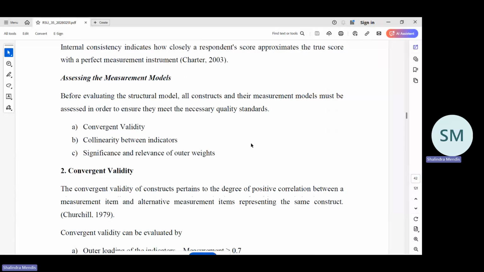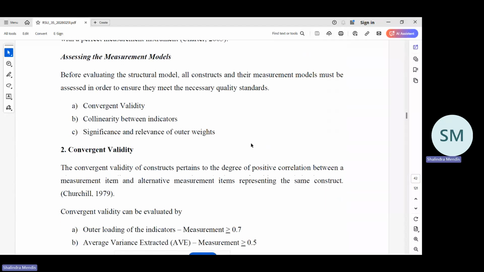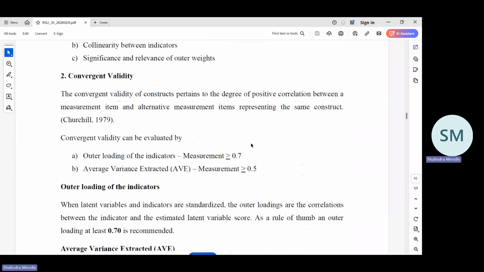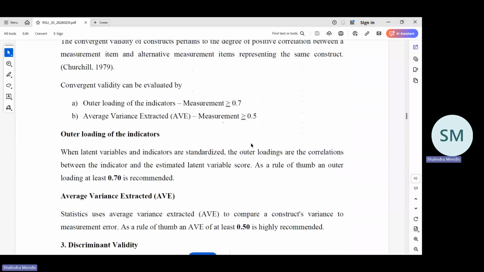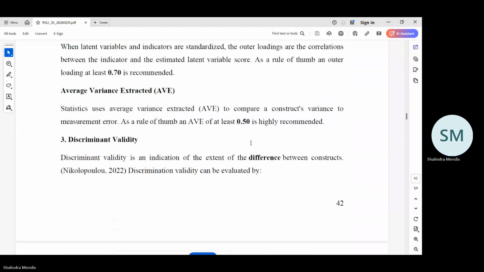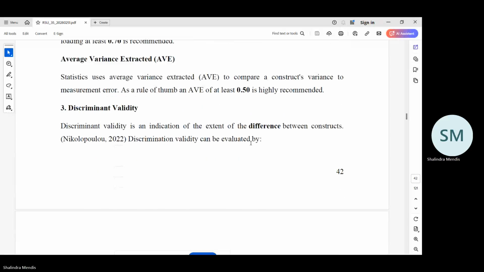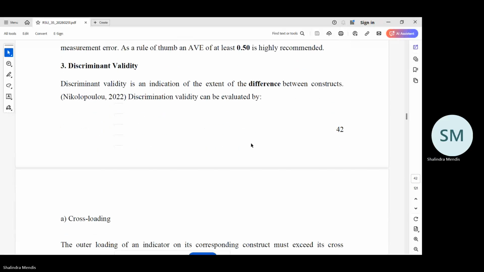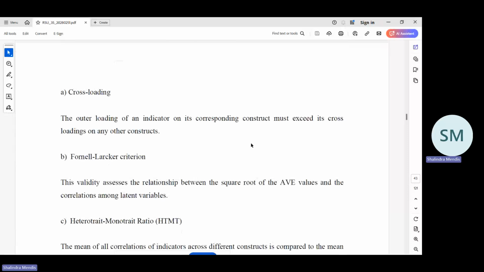Measurement model, convergent validity, collinearity between indicators, significance and relevance of outer weights. Convergent validity, outer loadings, AVE, discriminant validity, cross loadings, Fornell-Larcker, HTMT.